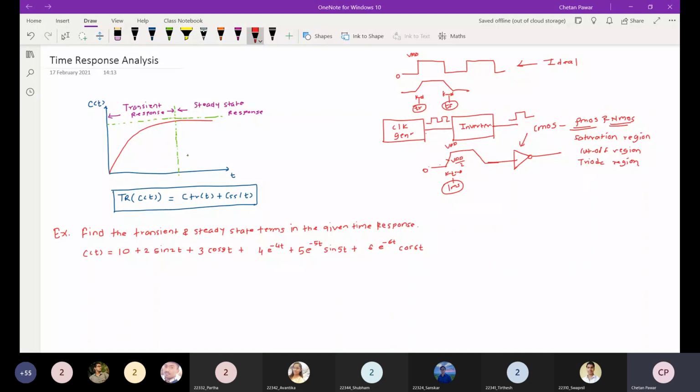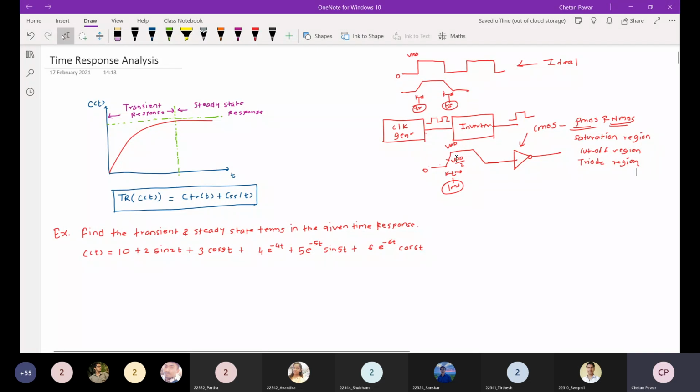According to the input voltage, the transistors present in this inverter will shift their operating regions over this voltage range, because we are applying 0, then less than VDD by 2, VDD by 2, then VDD. Because of this finite rise time, this is the transient state, also called the transient response.